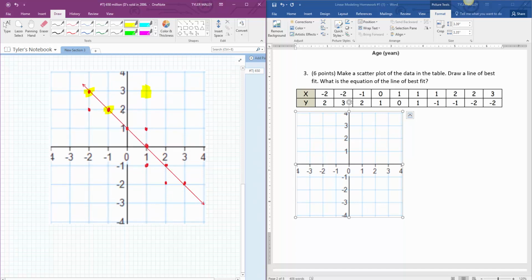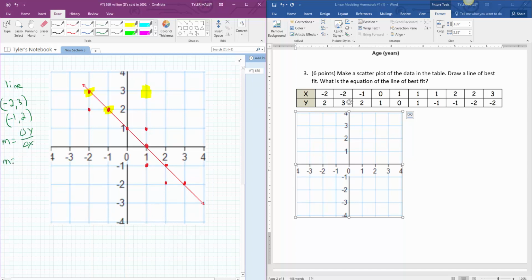So to find the equation of this line, what we know is that I have a line that goes through the points negative 2, 3, and negative 1, 2. We want to come up with the equation for this line. The first thing we need to do is find slope. Slope is change in y over change in x.